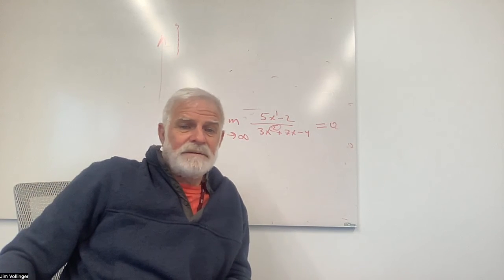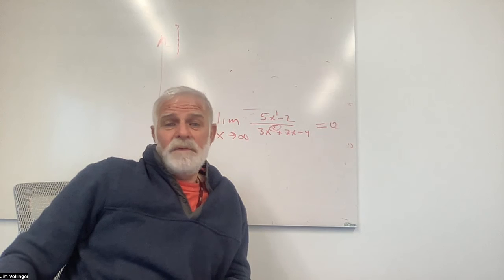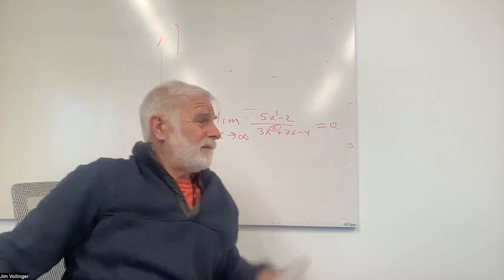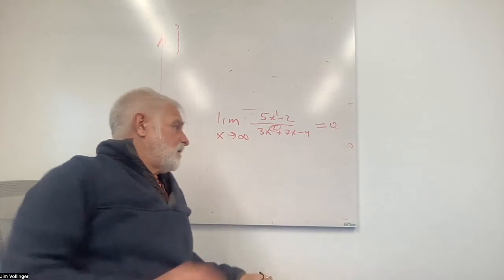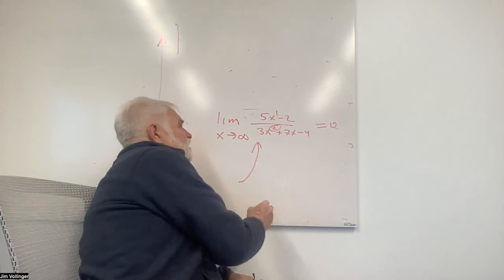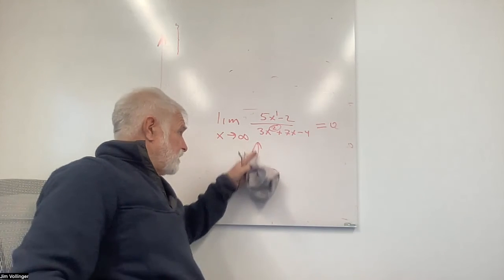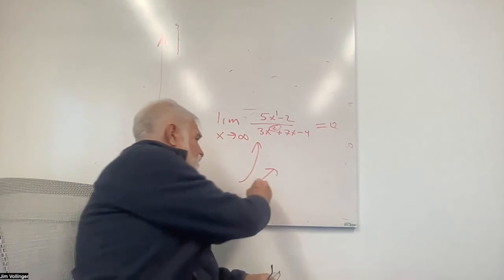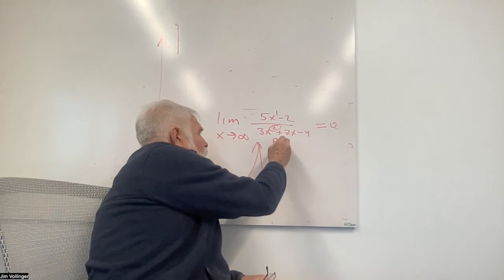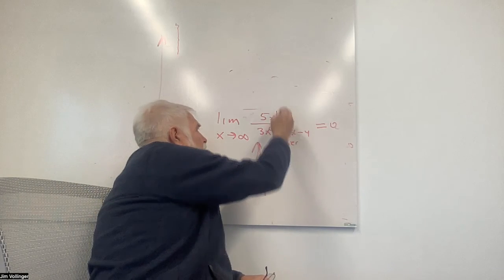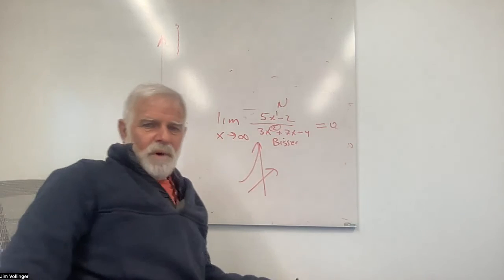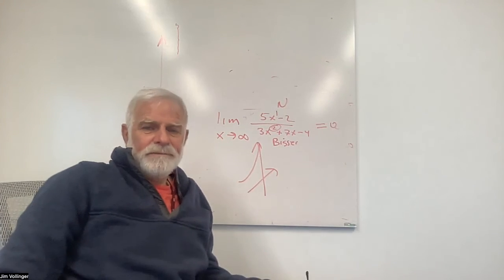They're both going to infinity, but the denominator is going up at a rate significantly different than the linear one. So eventually the y value of the denominator is getting so much bigger than the quantity in the numerator for the same x value.